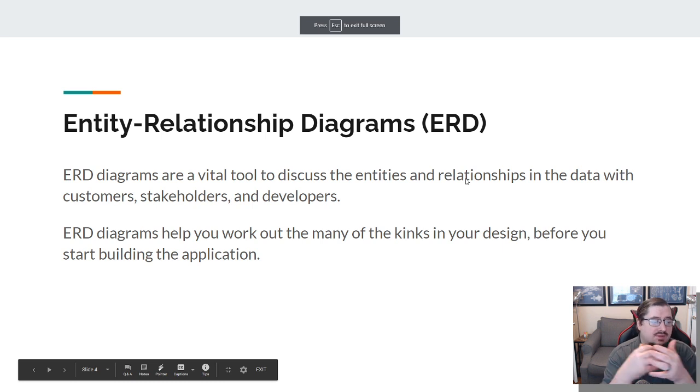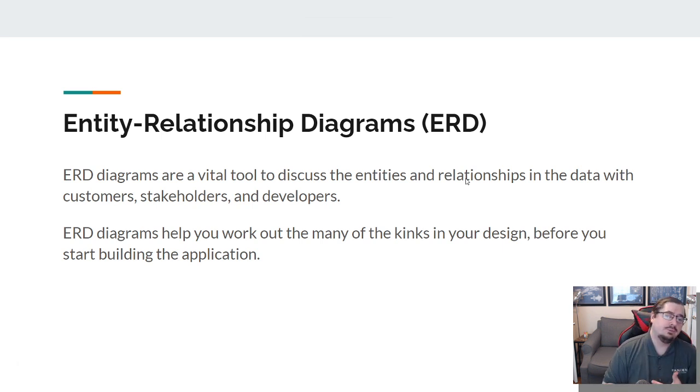An ERD is really a vital tool for discussing your entities and your relationships in your data with your customers, with your stakeholders, and with developers. It's a really, really important communication tool to make sure that everybody's on the same page about what data your application cares about, and how to model the data and the connections between the different parts of the data, because it's the foundation of everything built on top of it.